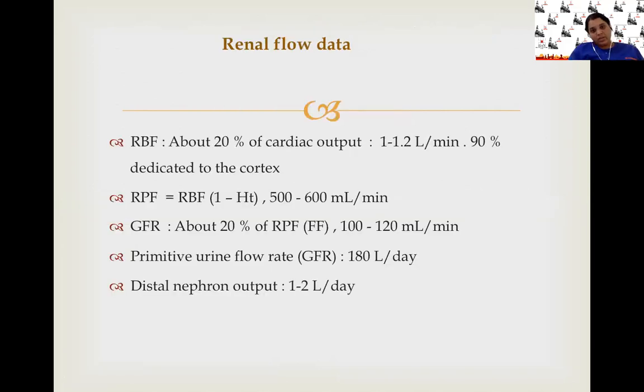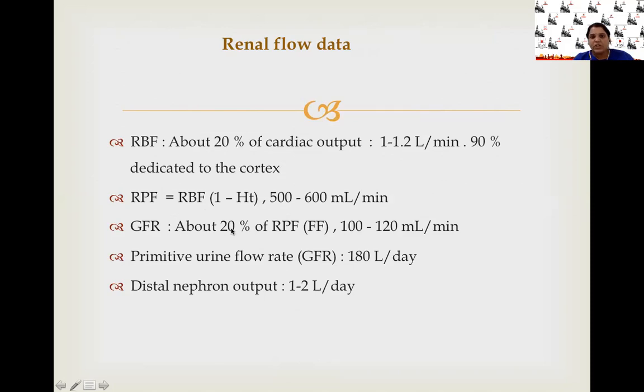Now, this is the renal blood flow data, which we should know. Renal blood flow, as I said, is roughly about 20% of the cardiac output, which is around 1 to 1.2 liters per minute, and 90% of it goes to the cortex. The renal plasma flow can be calculated from the renal blood flow and the hematocrit, which is roughly about 500 to 600 ml per minute.